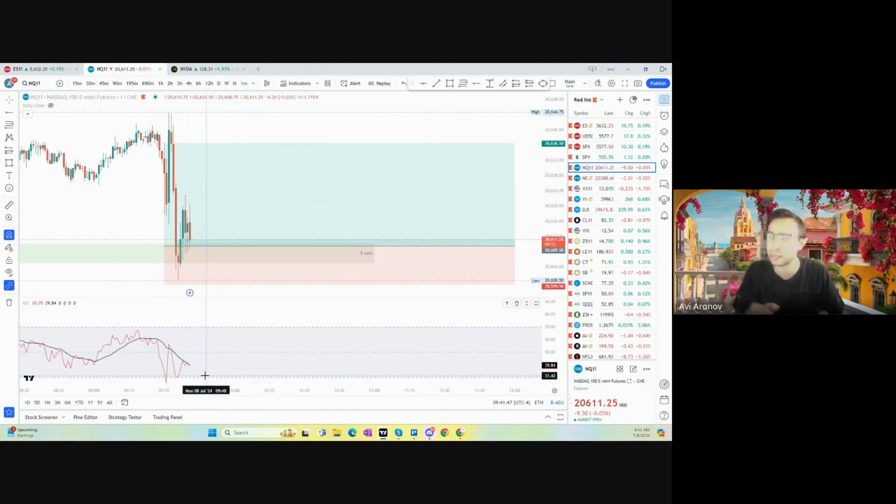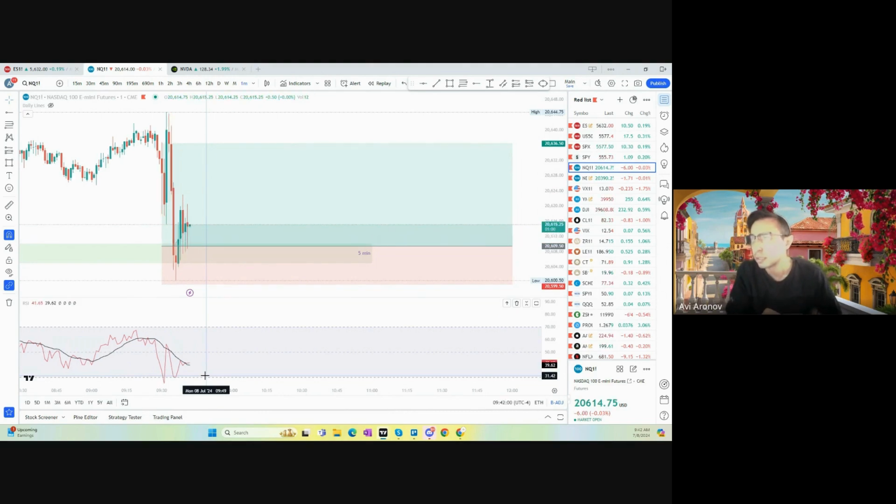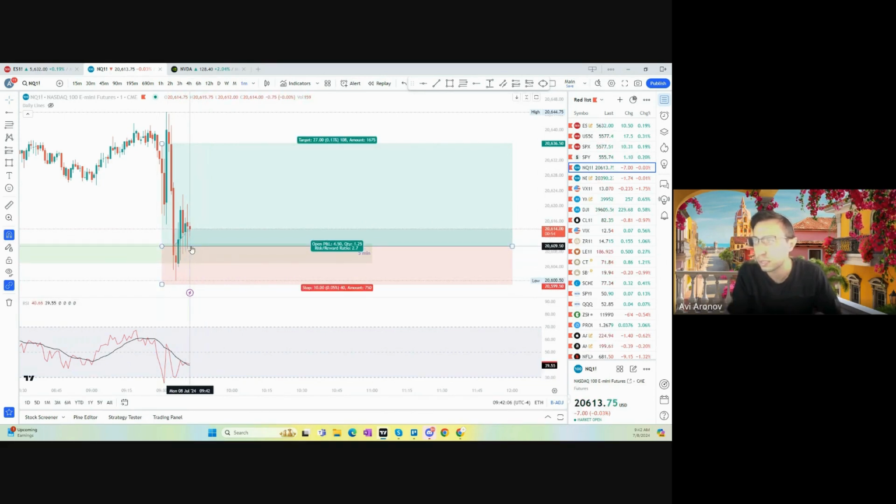It's playing as a resistance for us. So we need to respect that. Look at the wicks, how it's higher and higher and higher every time. Signal for longing.